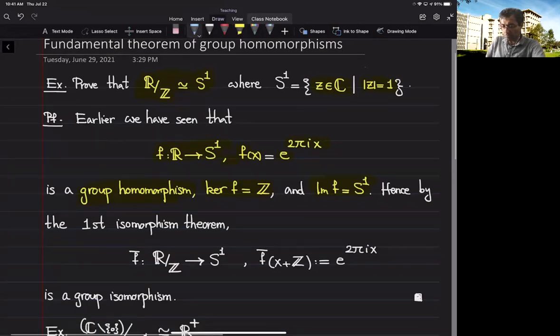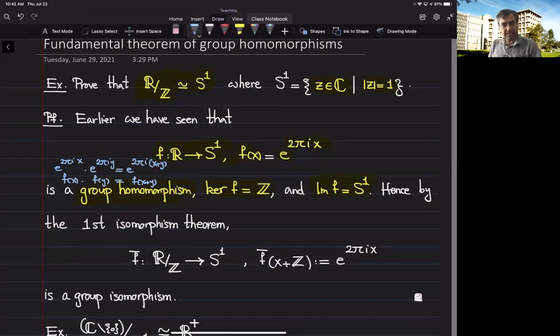Let's start with homomorphism. That is the easiest of all. So I have that this times this equals e to the power of the sum of the powers, and I can factor out 2 pi i, and I end up getting that f of x plus y is equal to f of x times f of y. And that's exactly what we wanted to show.